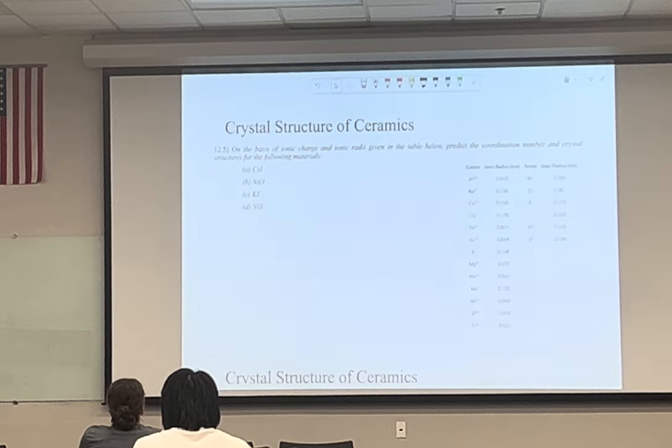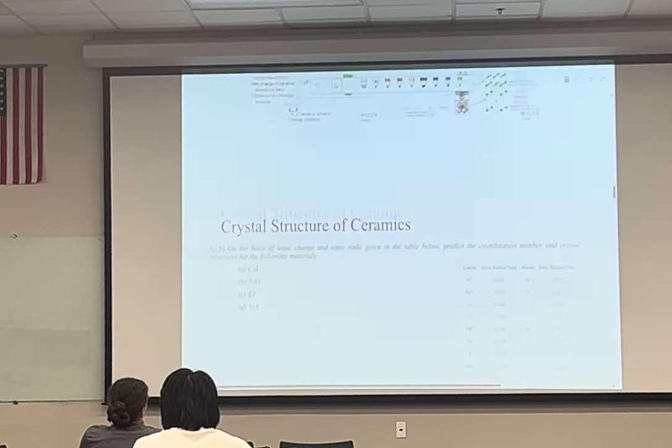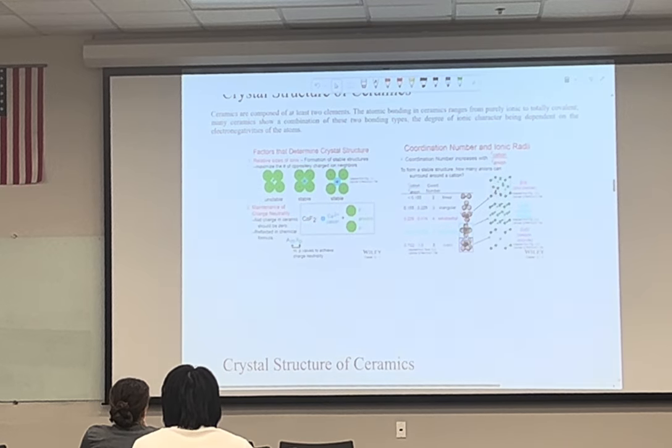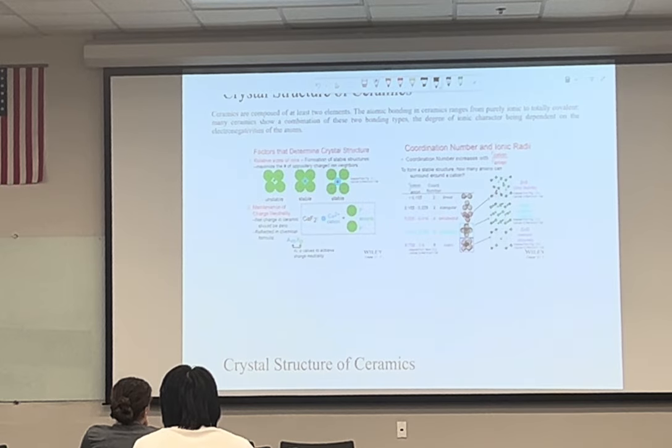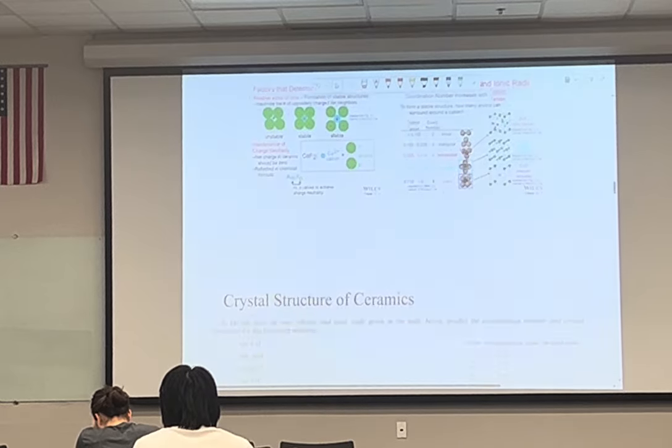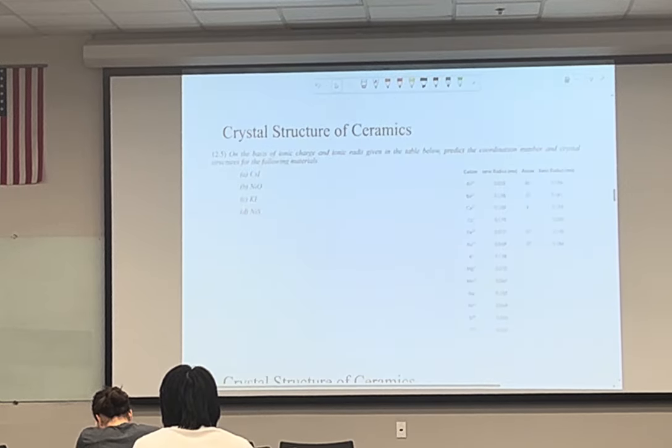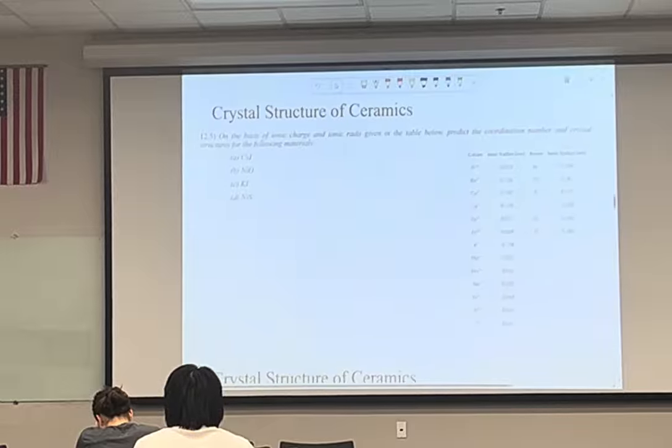It's pretty simple, right? We go back to that table, which means we just have to find this ratio, the ratio of the cation radius to the anion radius. And we'll have the table here.